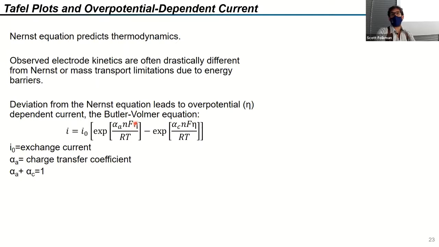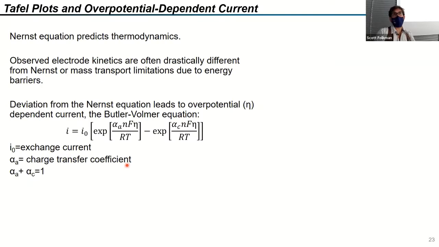So the overpotential is the potential that is applied, and it's the difference between the applied potential and the thermodynamic standard potential. So for example, if the oxidation of water occurs at 1.23 volts versus NHE, if I apply a voltage of 1.53 volts, I've applied 300 millivolts of overpotential.